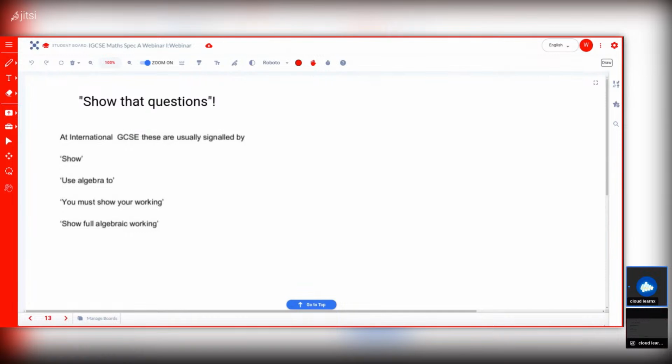Either ask someone who has thoroughly followed the exam schemes, examiner reports and marking schemes, or it should be pretty evident in the marking scheme what methods they want. Whenever it says show, or use algebra to, you must show full algebraic working. You should be able to look at your workings and know exactly how one step flows to the other. After several days, you shouldn't look at your question and wonder how you got from here to here.